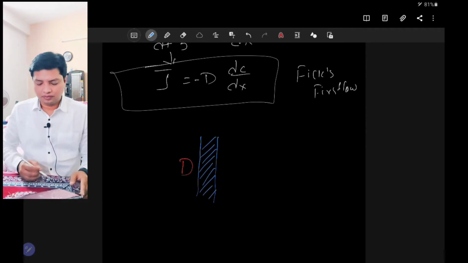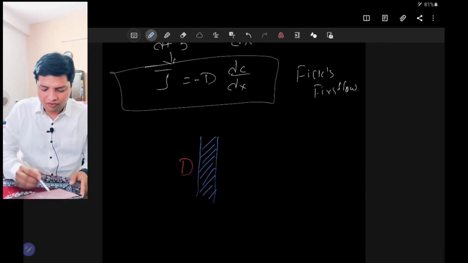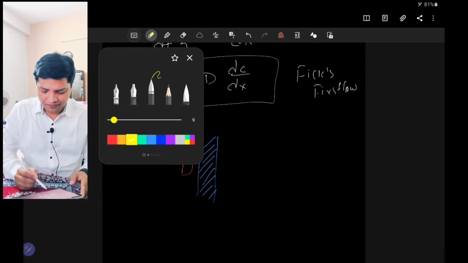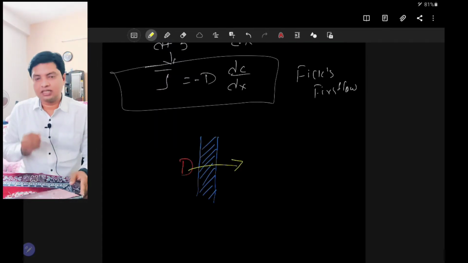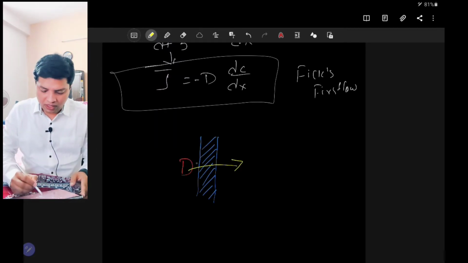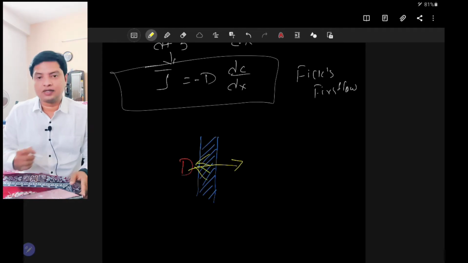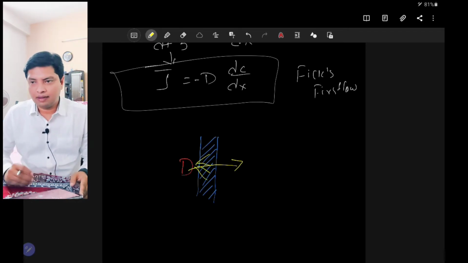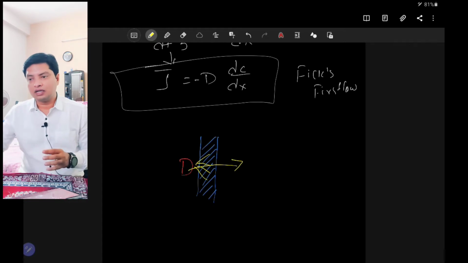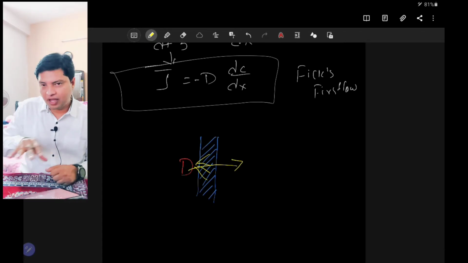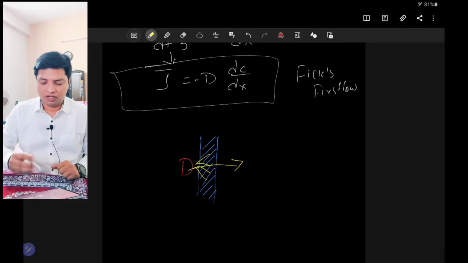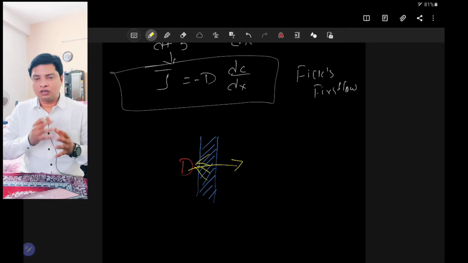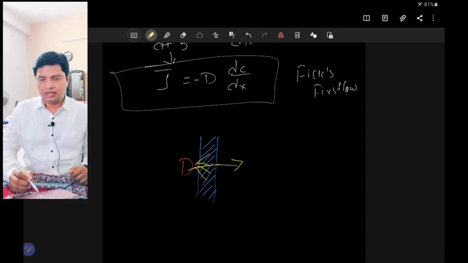The drug has to diffuse through this barrier and come out. If I can control the diffusion property of the drug, I can control the release of the drug to the outer system.